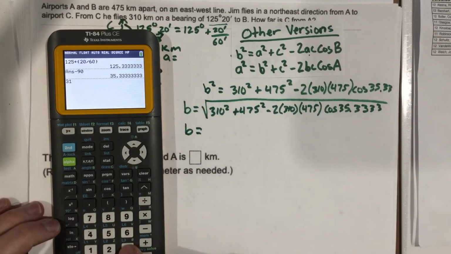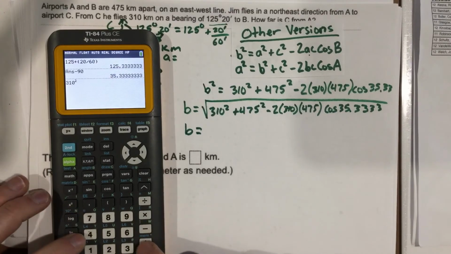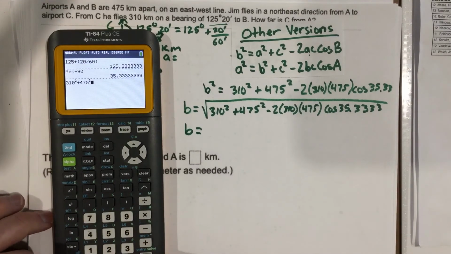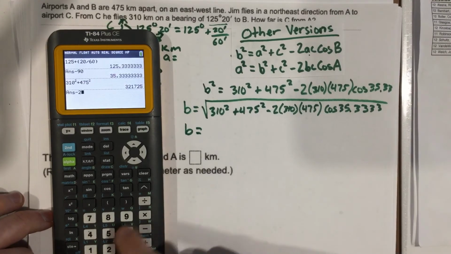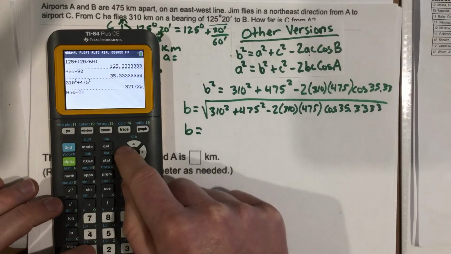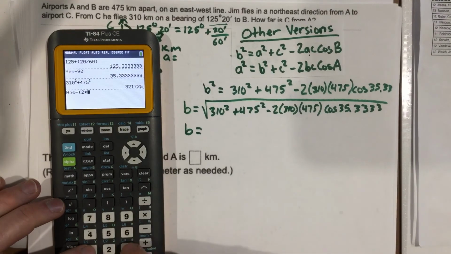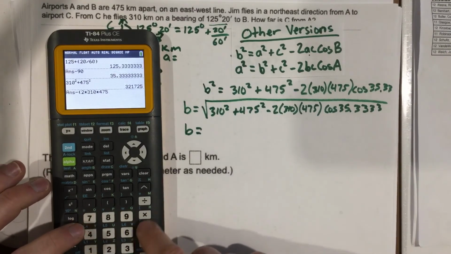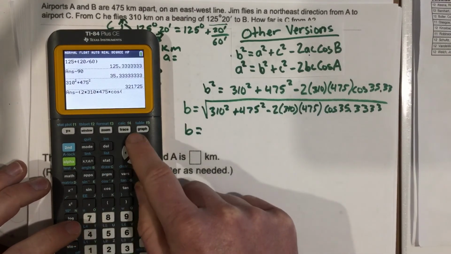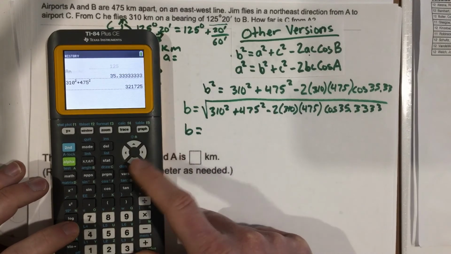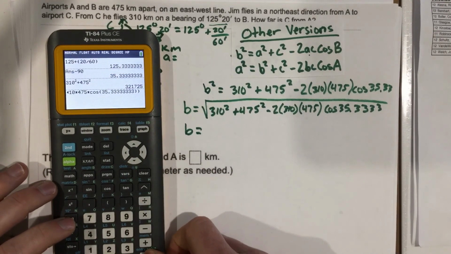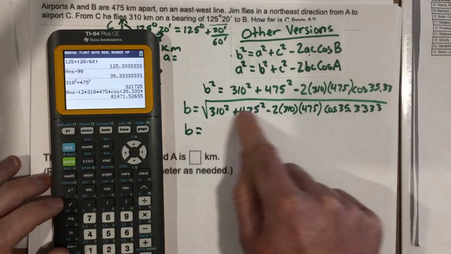So let's piece it together. 310 squared plus 475 squared minus 2 times, I better put this in parentheses, so 2 times 310 times 475 times cosine, and this time I'll grab that 35 number, put it in there, and that's what's inside the radical.